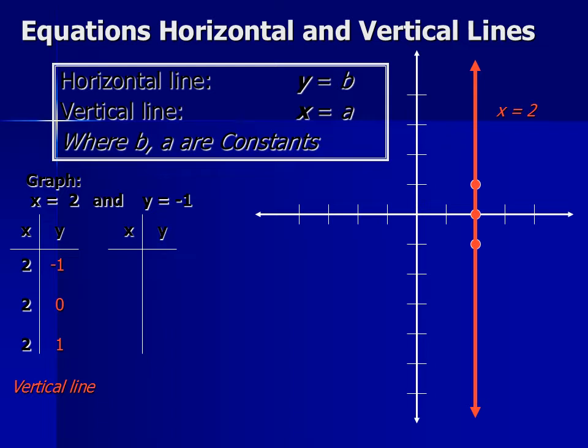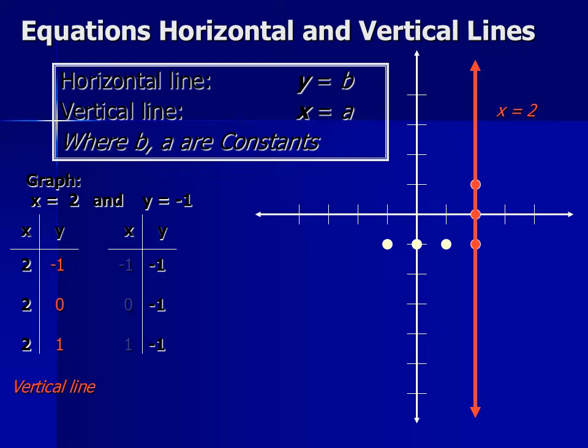Now let's see the second example. Y equals -1. That means the value of y is constant and the values of x are different. See here, -1, 0, 1, I can put different values. Let's start to draw this equation. First we plot the points, -1, -1, then 0, -1, then last one, 1, -1.